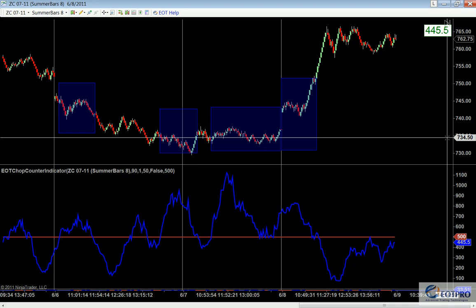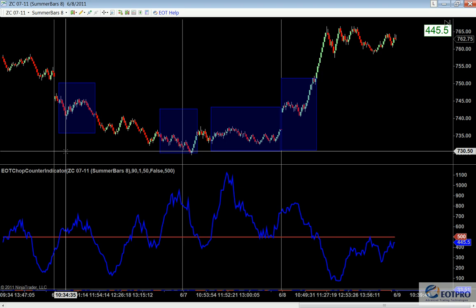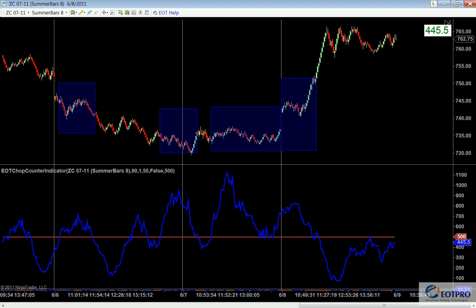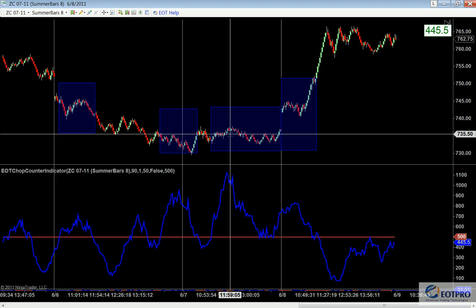And what we tried to achieve on this indicator, there's several different kinds of chop. Low level, medium level, and high level chop. Low level chop is kind of like this, where the bars look kind of like train tracks. Low level chop does not really do anything to hurt you.